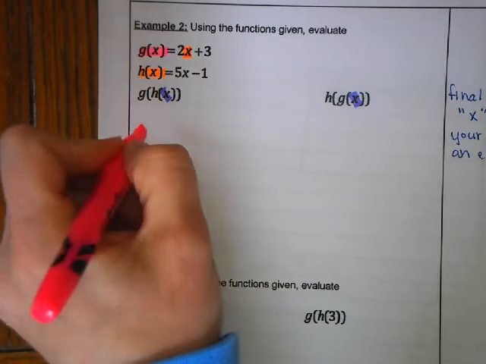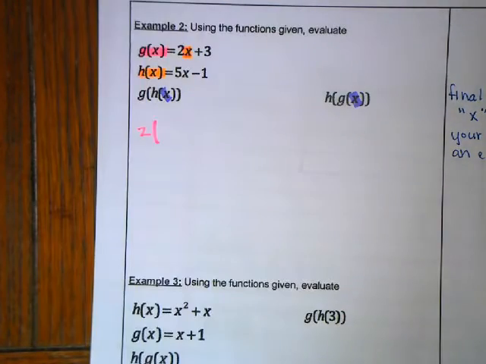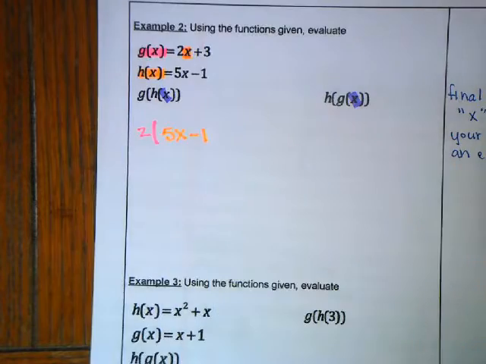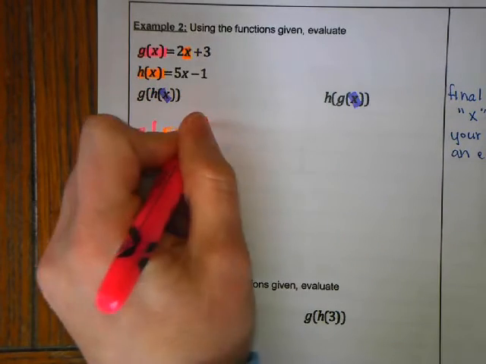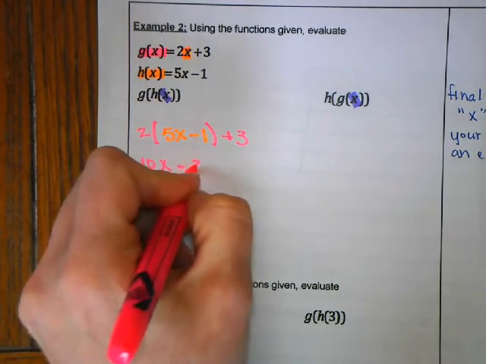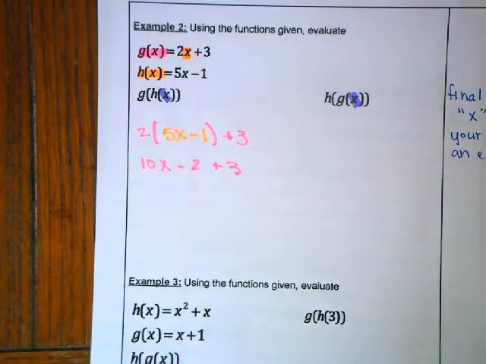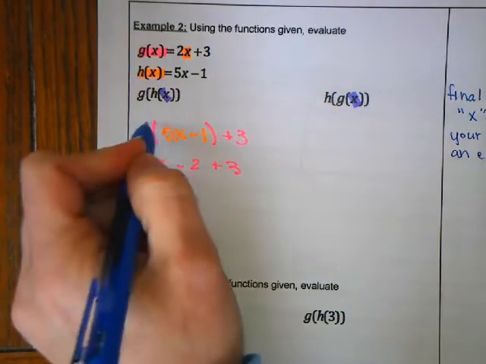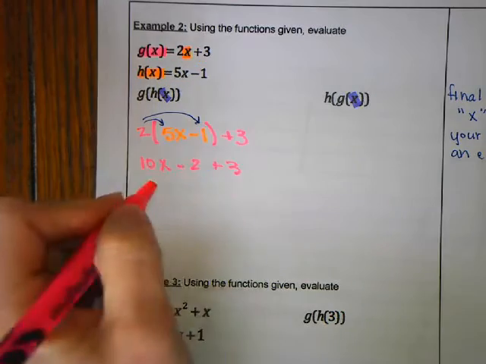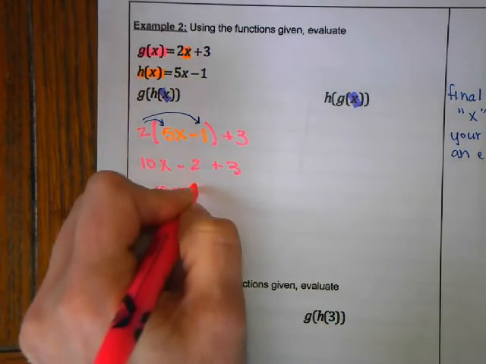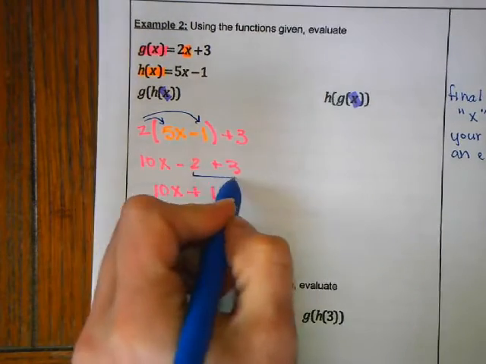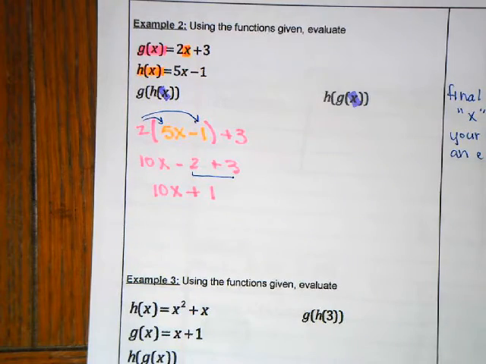So I've got 2 times my h function, 5x minus 1, close that up, plus 3. So 10x minus 2 plus 3 through a little distribution. Simplify: 10x plus 1 through combining like terms.